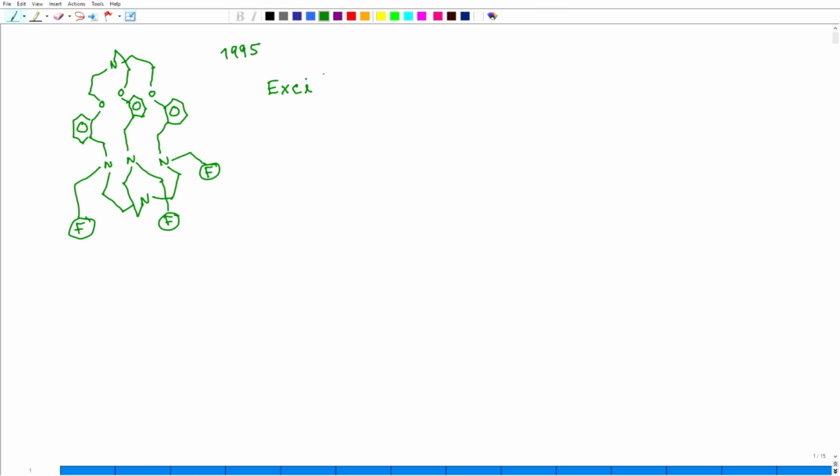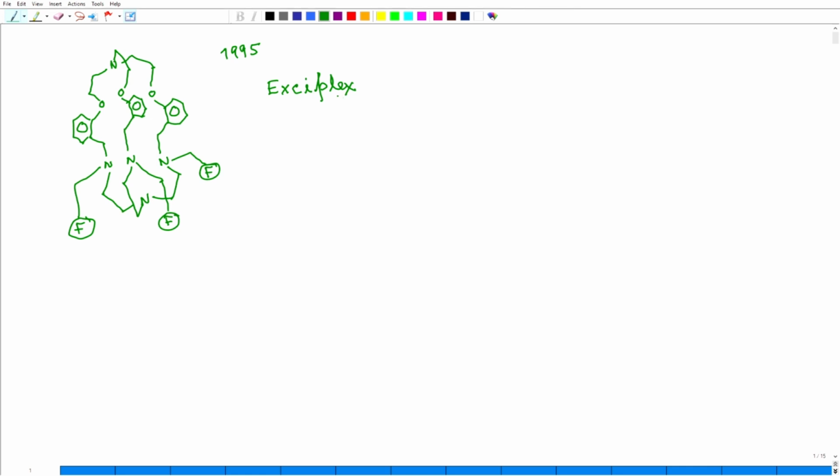These things are very important, and we will refer to this exciplex later with other systems. What is exciplex? Exciplex stands for excited state complex. Excited state complex is called exciplex.